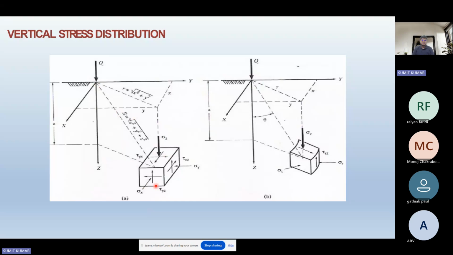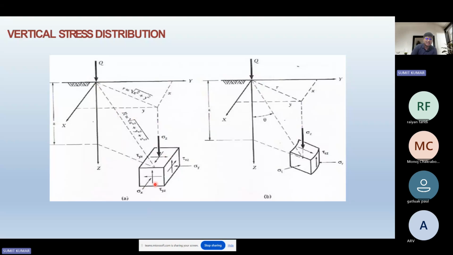Over there you can see theta, x and y, and sigma z, sigma x, sigma y, tau xy. Everything is mentioned in both, but over there theta is mentioned, that is the polar coordinate system, and this is our xy coordinate system, the Cartesian coordinate system, as I recall, right?